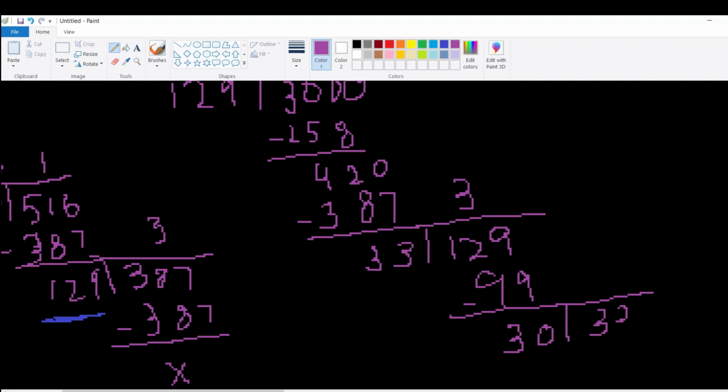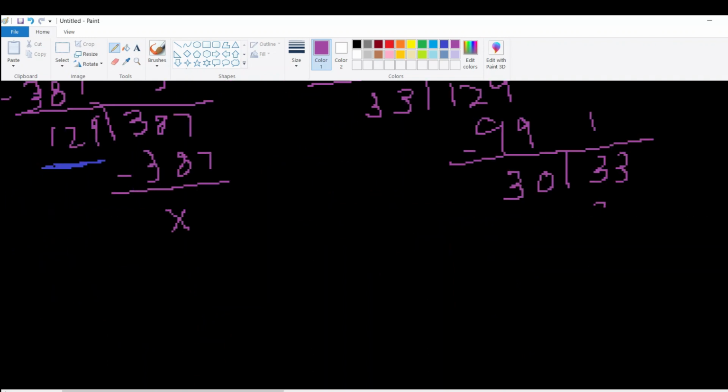Basically just repeating the whole steps from the previous one. Three times the 30, and the remainder is finally 0.